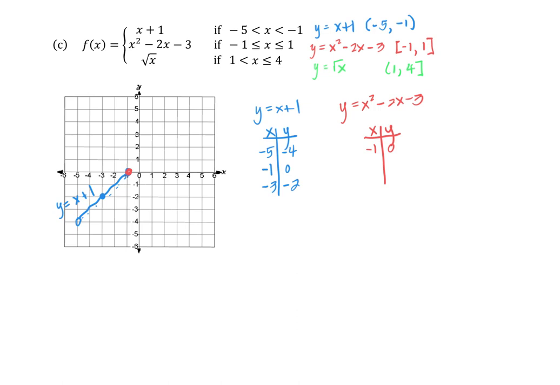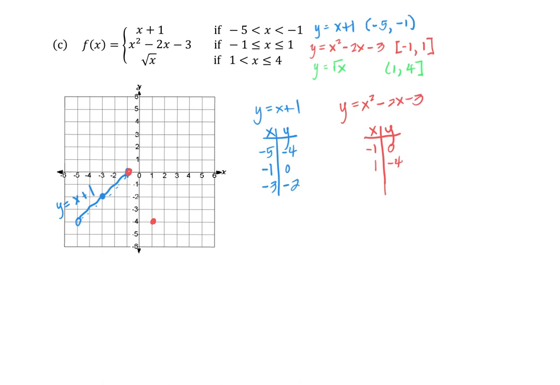If I put in the ending value of positive 1, I get 1 minus 2 minus 3, which would give me a negative 4. So positive 1, negative 4, and that would be solid. And I know it's going to curve, but maybe I want at least one more point so I can kind of see how it curves.